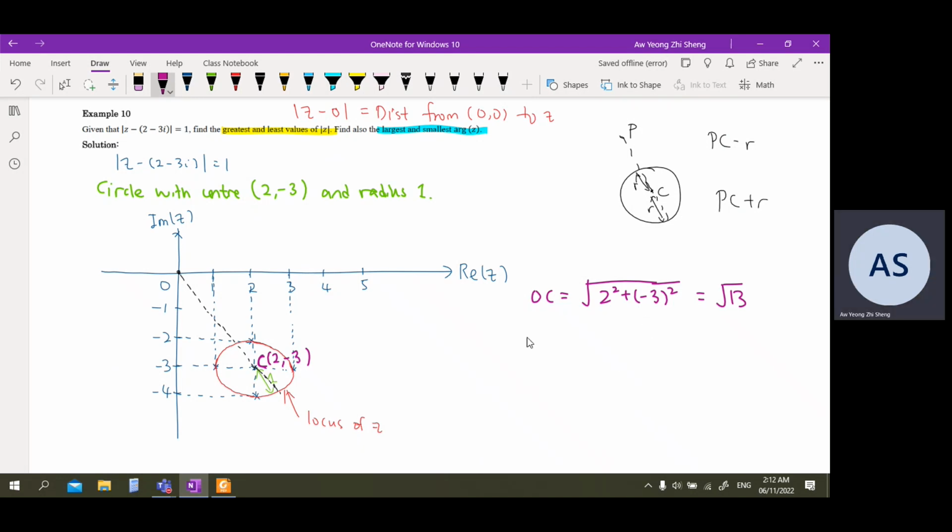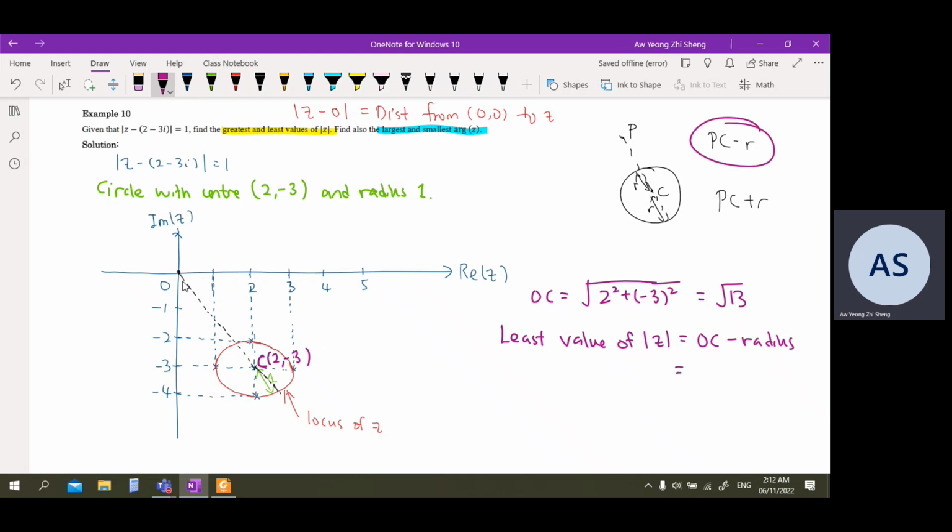Right, then the least value of modulus Z, it is OC minus the radius. And so I'm just using the PC minus R formula here.